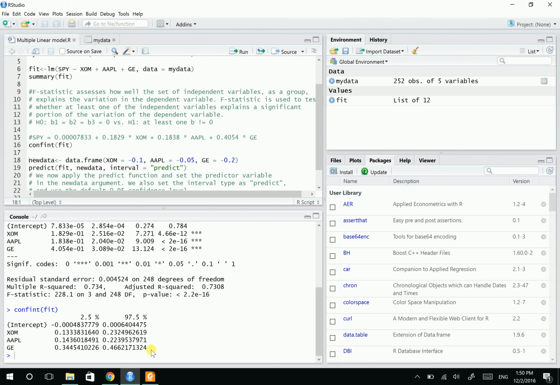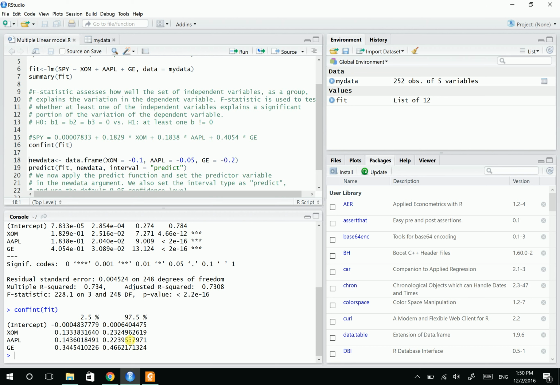And if you are testing whether A is less than or greater than something, then we always use a one-tail test. That is the principle, and you have to keep this in mind.